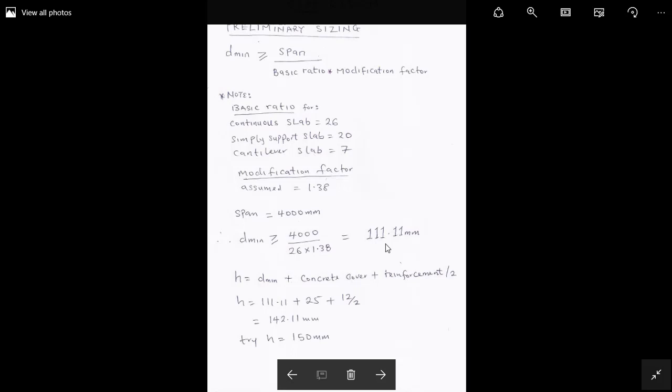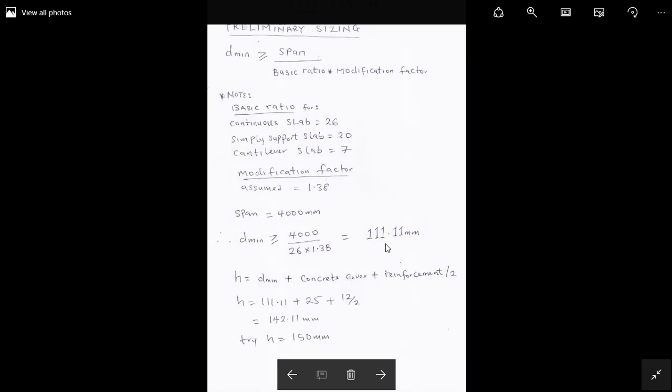So if we consider 111.1 plus 25, which is our concrete cover, plus we are using 12 mm diameter bars for our slab, divided by 2, if you add up all of them, it will give you 142.11 millimeter. So with that, you try H as 150 mm.